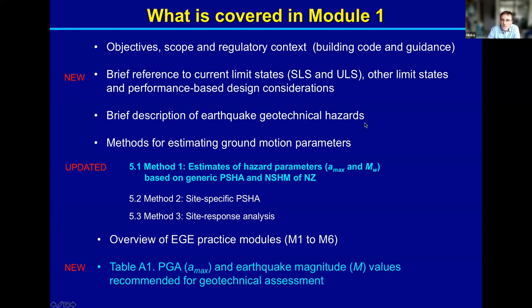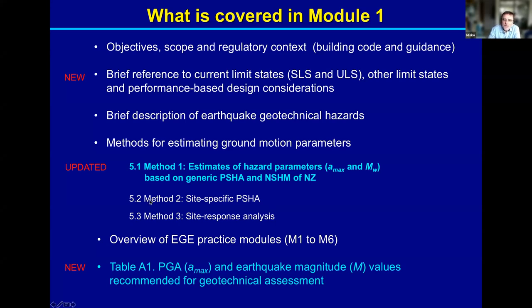There is a brief description of earthquake geotechnical hazards, and then the focus is really on section 5, which focuses on estimating ground motion parameters that are used in geotechnical assessment and design in particular. 3 methods are identified. Method 1 is really based on generic probabilistic seismic hazard analysis, in which the National Seismic Hazard Model of New Zealand has been used, and values are provided for PGA and earthquake magnitude in particular, with reference to geotechnical design.